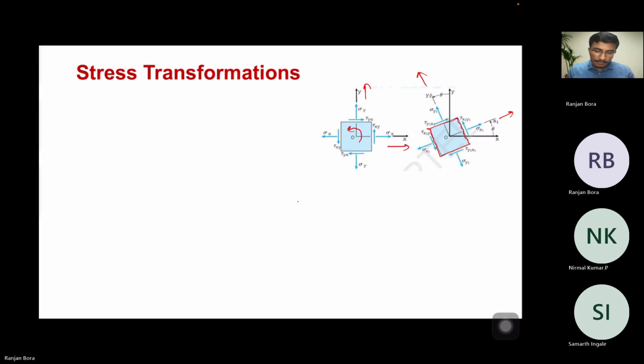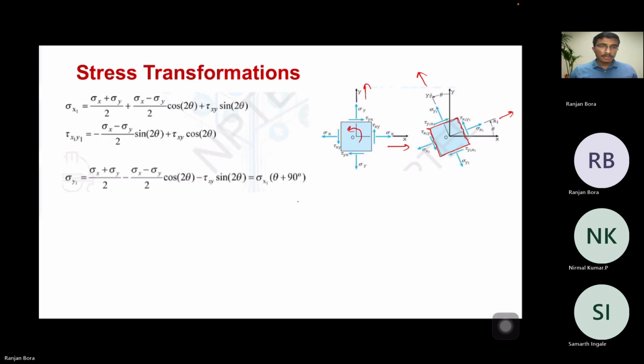The formulas are given in your slides: sigma x1 is given by this, tau x1 y1 is given by this, then sigma y1 by this. Now I will do the derivation, how we get these equations.